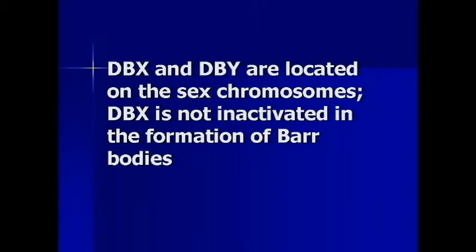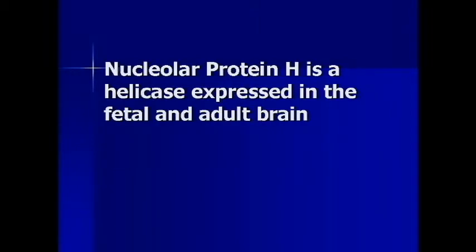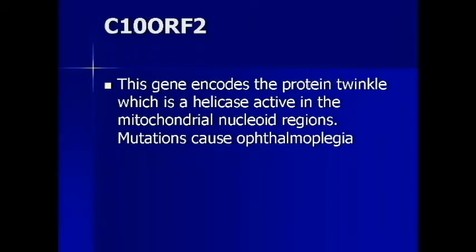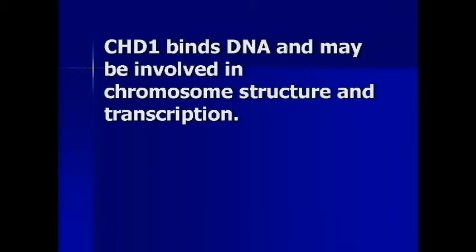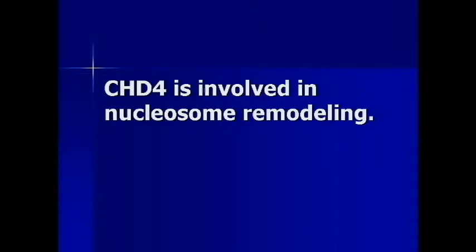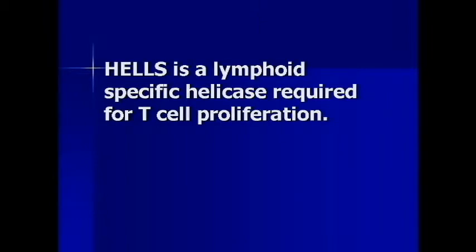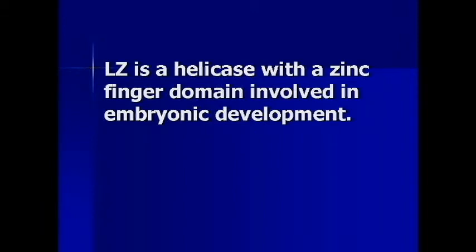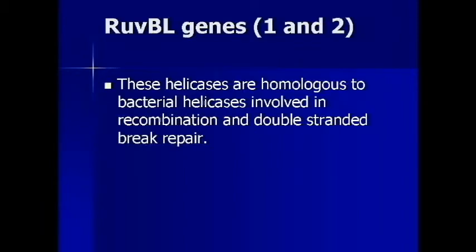This gene family also includes the RecQ-like family, which unwinds DNA, the DEAD box RNA helicases, which can unwind RNA regions and act as splicing factors, eukaryotic translation initiation factors, and ATRX, which is a member of the helicase superfamily, which can result in mental retardation and even sex reversal.